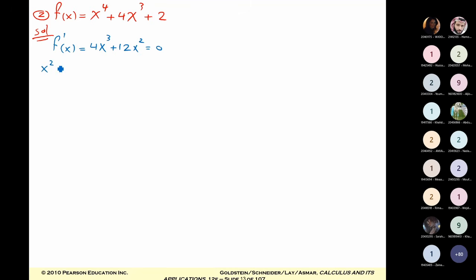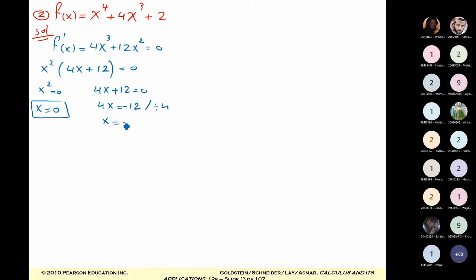Take x squared as common factor: x squared times 4x plus 12 equals 0. So x squared equals 0 or 4x plus 12 equals 0. Take the roots: x equals 0, the first stationary value. And 4x equals negative 12, divide by 4, x equals negative 3.